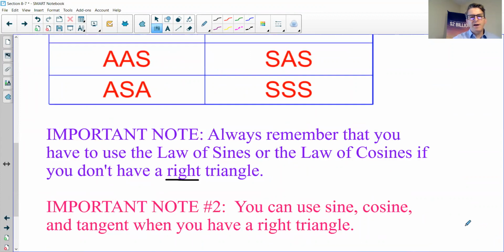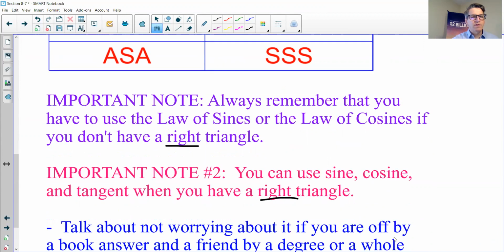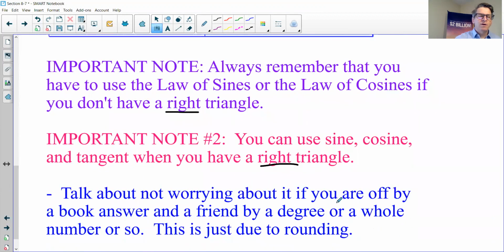You can use sine, cosine, and tangent when you have a right triangle. Here's a note. Don't worry about your rounding. If you're a little bit off on your degree measures, this is just due to rounding.